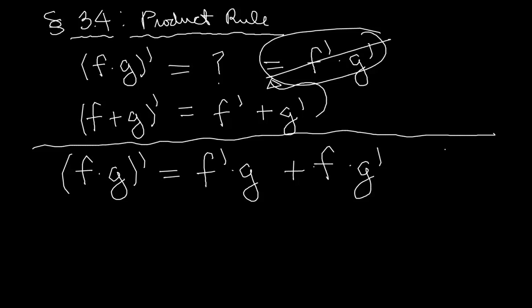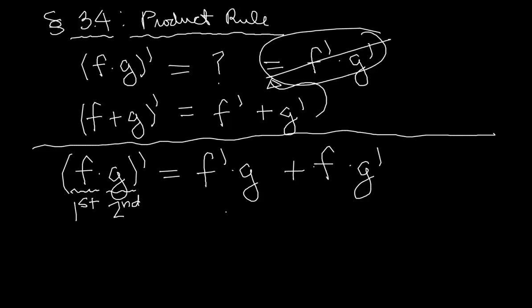So you see, it's completely different from f prime times g prime. You take the derivative of one, multiply it by the other, then add the other one times the derivative of the other. That was confusing the way I said it, so let's put it another way. Let's look at f as the first function and g as the second function.